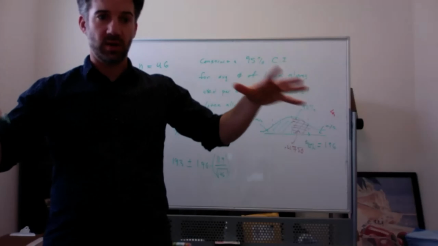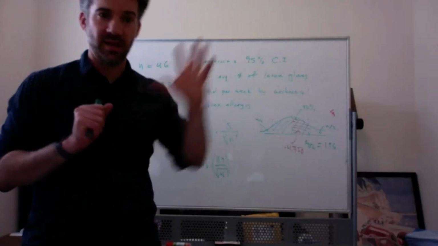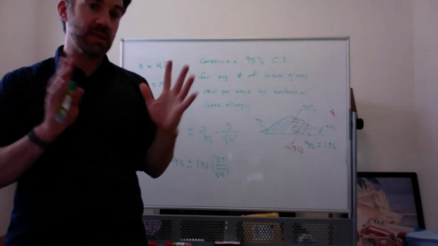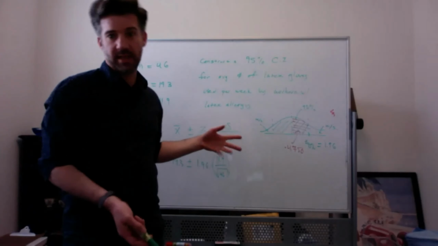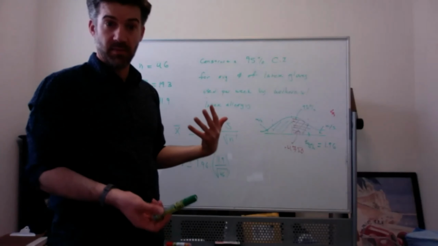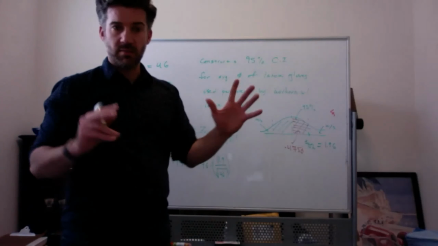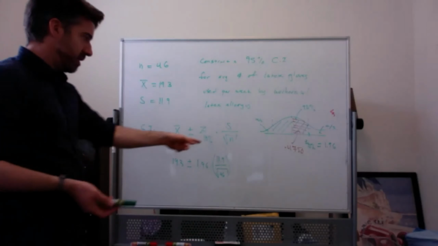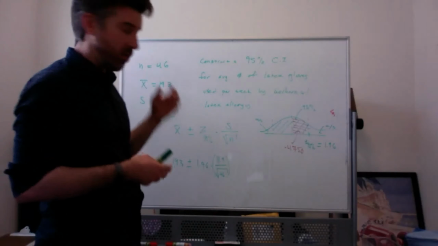If you took a sample of 46 and another sample of 46, and another sample of 46, and took the averages of all those, the averages are not going to be nearly as spread out. So the standard deviation is smaller because of that. And it's all about the central limit theorem. The central limit theorem says that the distribution of the means is much more centrally distributed. So that's why you get to divide by this, and you get a much tighter interval than you would otherwise.